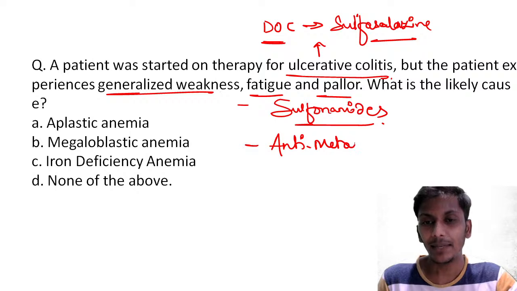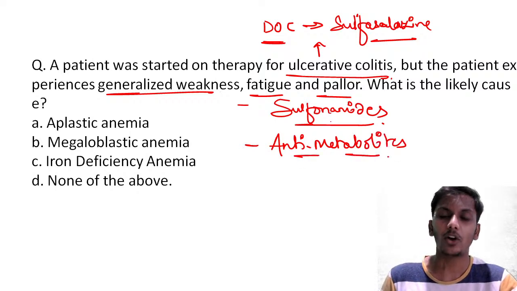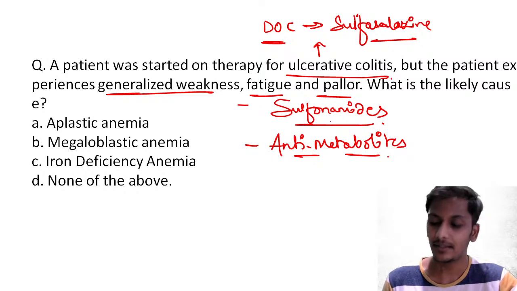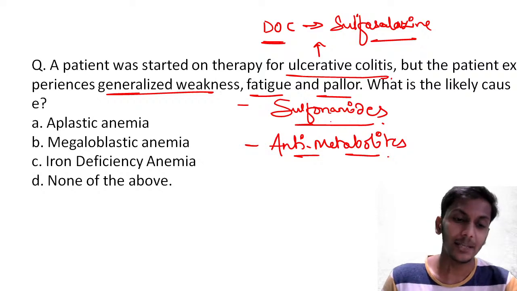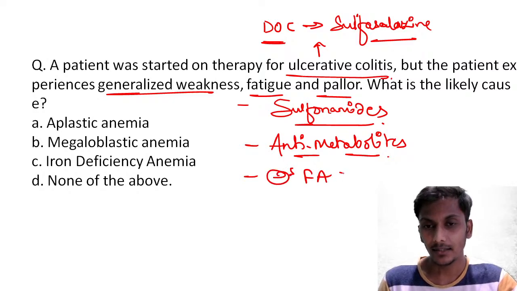These are anti-metabolite drugs. I told you at the time of classification that sulfonamides are also known as anti-metabolite drugs, or all the folic acid synthesis inhibitors are known as anti-metabolites. So we know what sulfonamides do: they inhibit folic acid synthesis.